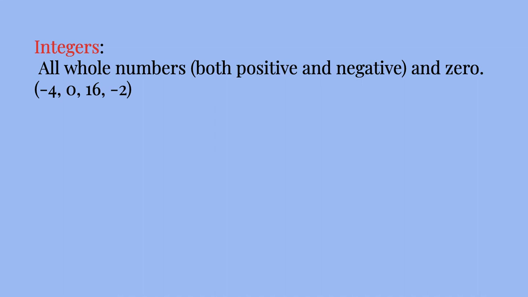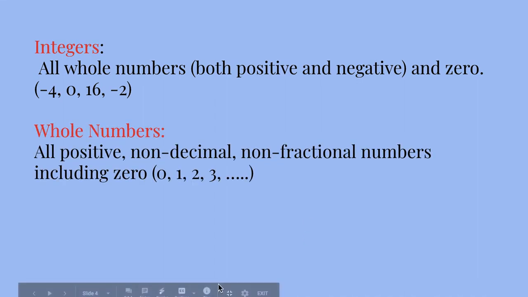So no fraction or decimal pieces, but your integers include both your positive and your negative numbers. Whole numbers simply means you have no fraction or decimal parts, but your whole numbers start at 0. So 0 on up, all positives.